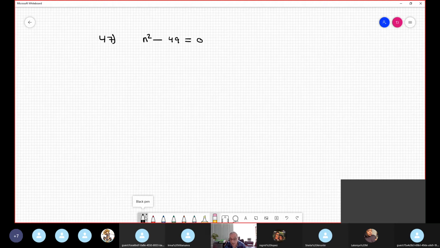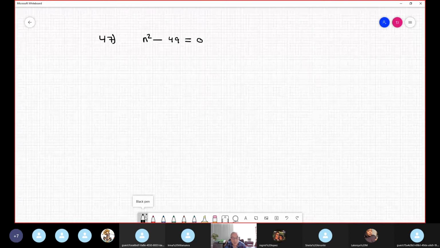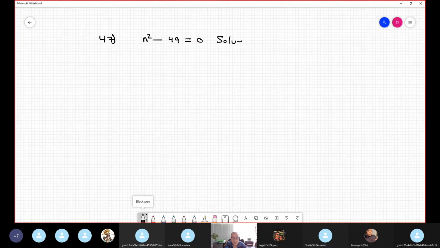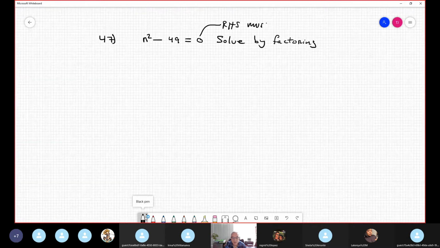Then one possibility is factorization. Solving by factors. So you have to solve by factorization. Okay, you don't care about the right hand side because the right hand side always must be 0.